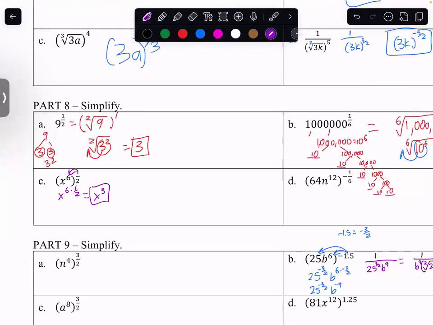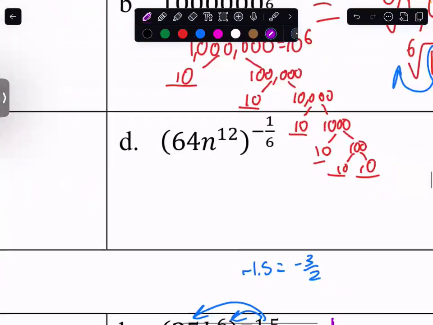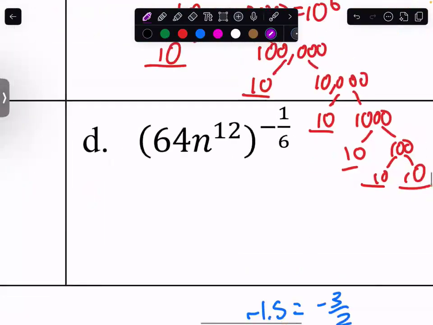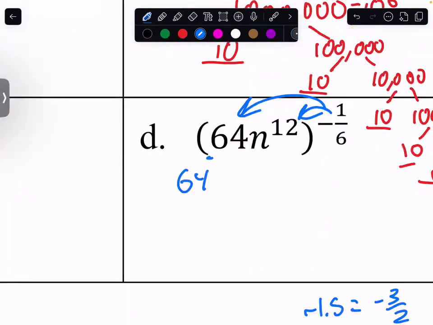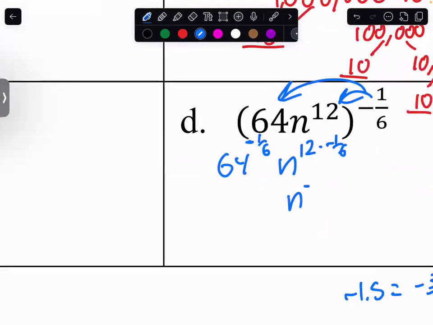Okay, and then for letter D, this one has a couple steps. So again, I'm going to start by applying the outer exponent to both parts of the inside. 12 times -1/6 is -2. And then we have 64 to the power of -1/6. Both of those are negative, so I'll move them both into the denominator.